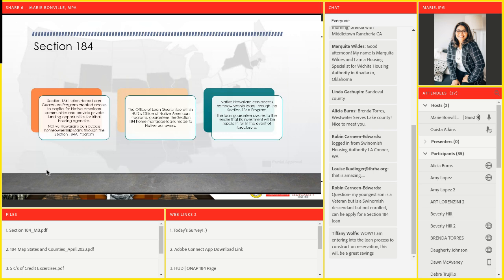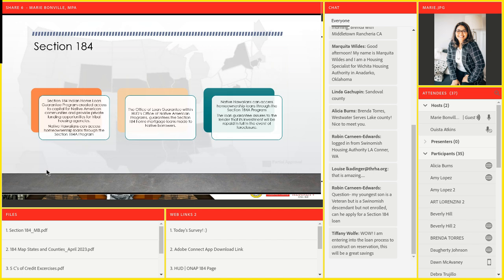Everything's an act of Congress. This is one of those things where it's just a separate programming or separate approval, but it functions very much like Section 184. The Office of Loan Guarantee within HUD's Office of Native American Programs, ONAP for short, they're the ones who administer this particular program. And as I said before, Native Hawaiians can access the Section 184A.